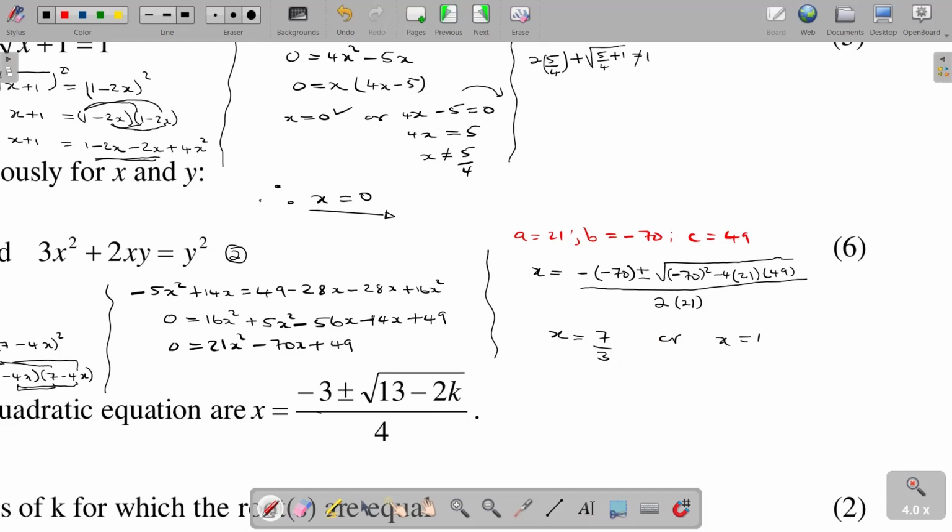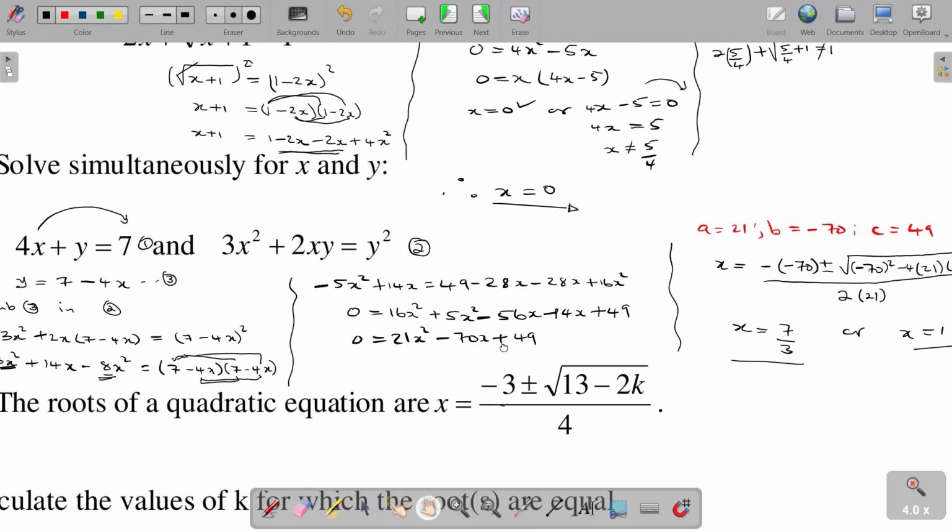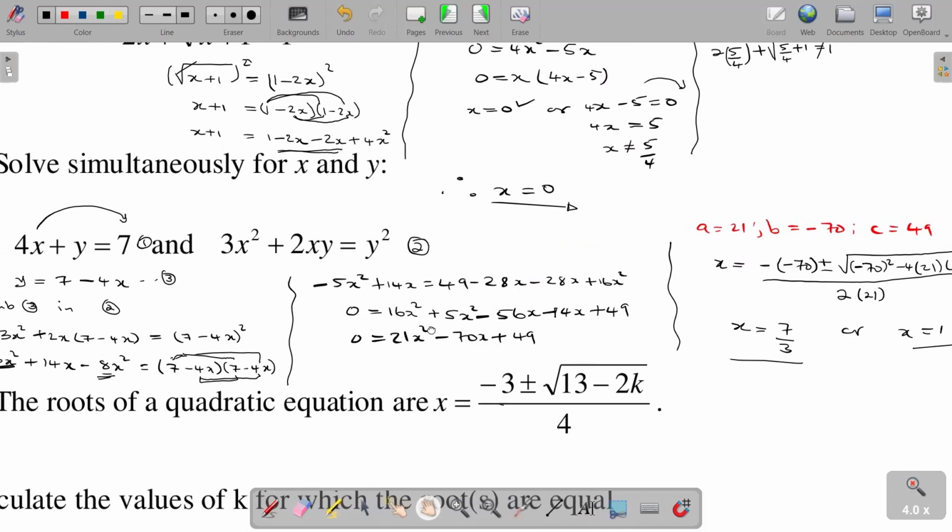We now want the Y value because we are solving simultaneous equations. Remember, from our third equation, our Y is equal to 7 minus 4x.